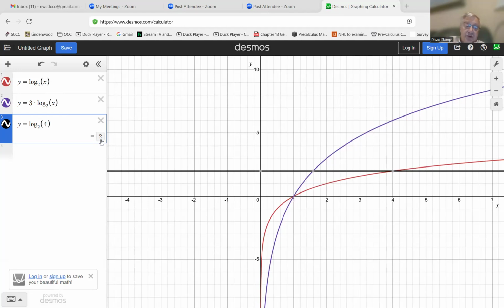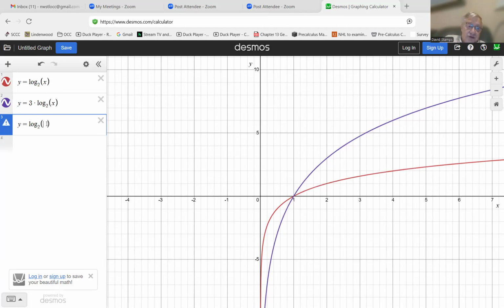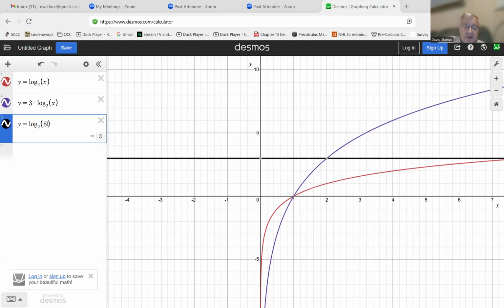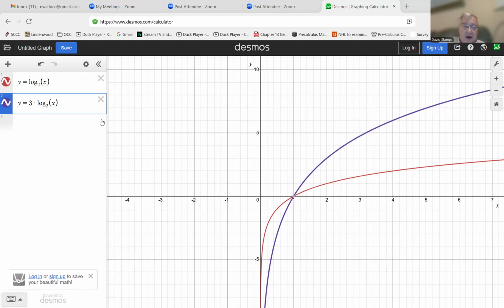And what that means, it's just acting as a calculator now. When you have a logarithm, you're asking the question, what is y supposed to be? It's the power you'd have to raise the base to get the answer 4. If I put an 8 there, I'd be asking what power would I have to raise 2 to get the answer 8? It's the power 3. So, just keeping this idea in our heads.